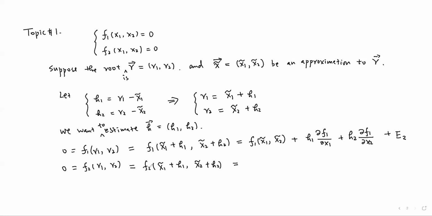Do the same with F2 at this point. Expand it, then we get F2(x1 tilde, x2 tilde) plus h1 partial f2 partial x1 plus h2 partial f2 partial x2, then plus an error term.